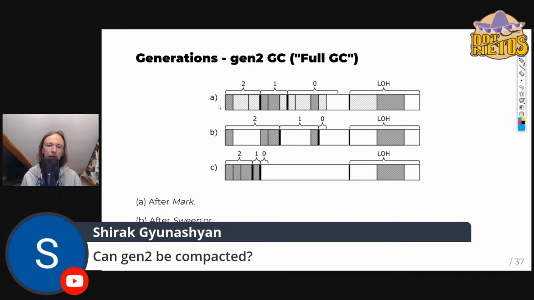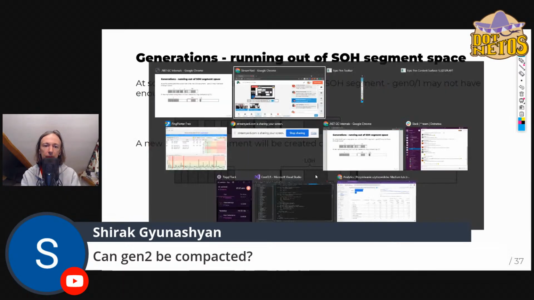We started with this scenario and we have compacted all generations, because if we decide to compact, we compact all generations that are considered in the particular GC. So if we are doing Gen 2 GC, also known as full GC, and it is compacting, we are compacting all generations. If we are doing Gen 1 GC, which is compacting, we will compact Gen 1 and 0, and so on and so on.